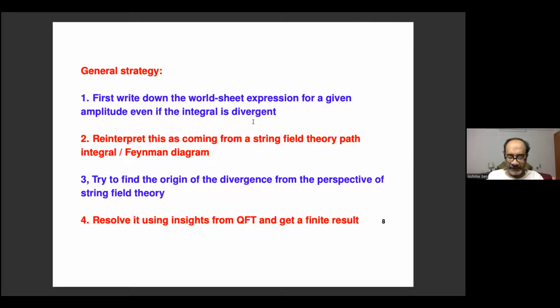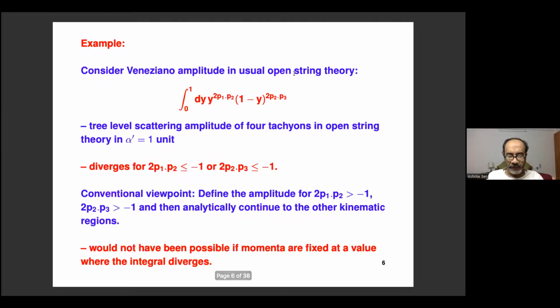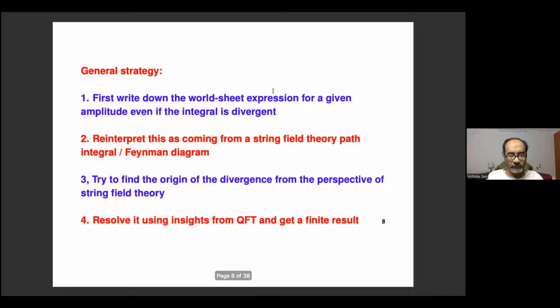Just like the Veneziano amplitude, even if 2p1.p2 is less than -1 and this is less than -1, we still write down this integral anyway. Then we reinterpret this as coming from a string field theory path integral or a sum over string field theory Feynman diagrams. You can use one or the other depending on convenience, or depending on what kind of problem we are dealing with.